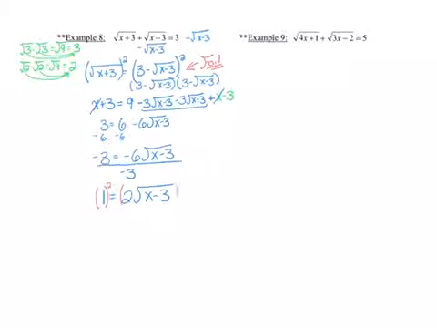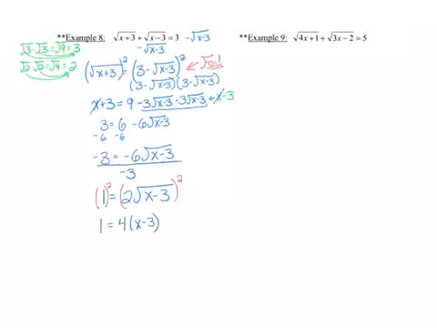Now there's just one thing that you have to remember when you square both sides. So 1 squared is just 1. When you square 2 times the square root of x minus 3, you have to first square the 2, which is 4, and then you have to square the square root of x minus 3, which is just x minus 3. And please remember, they're being multiplied together.